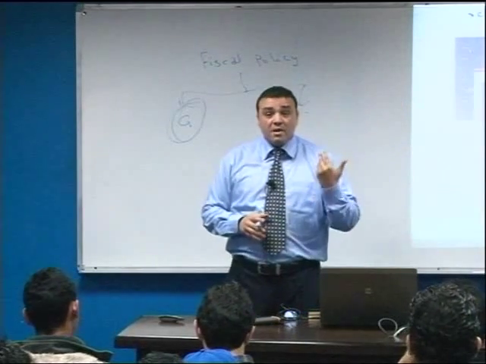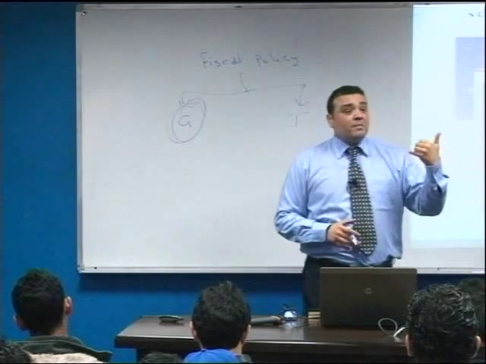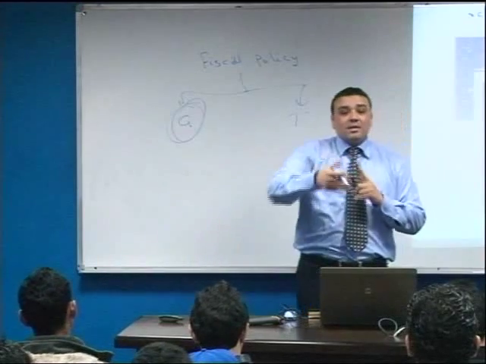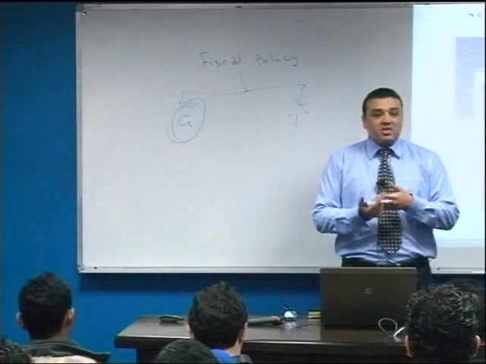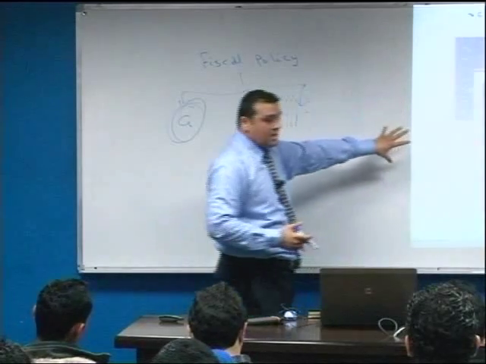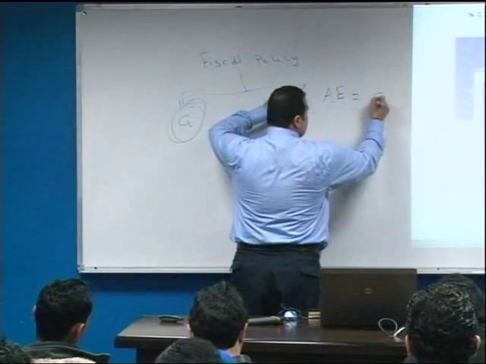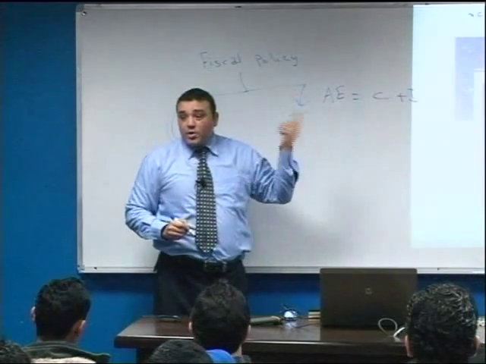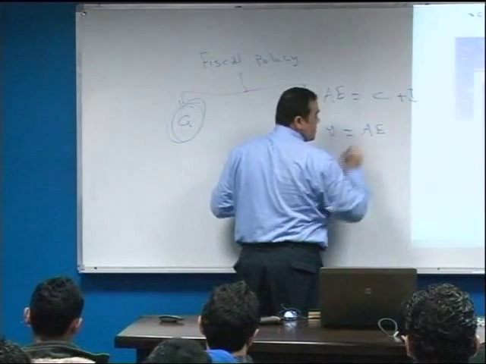Right? In this chapter, we will study the government spending multiplier, and we will add something related to the aggregate expenditure function. In the previous chapter, we said that the aggregate expenditure equals what? C plus I, right? And the equilibrium occurs when Y equals aggregate expenditure.